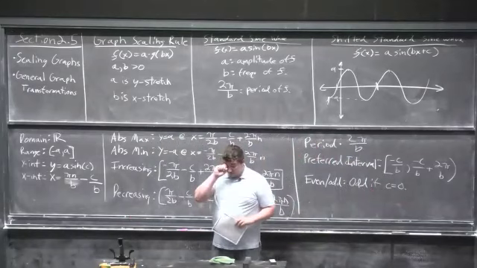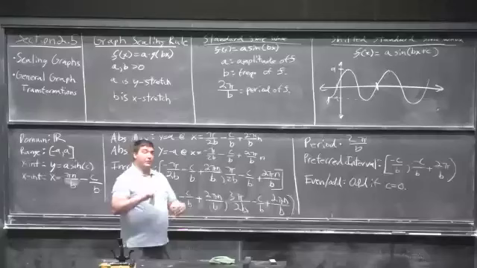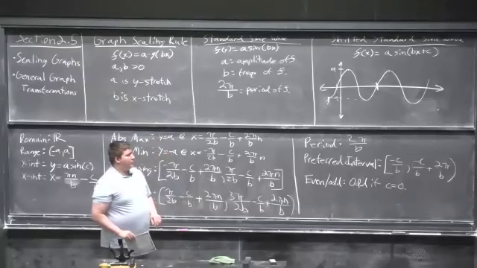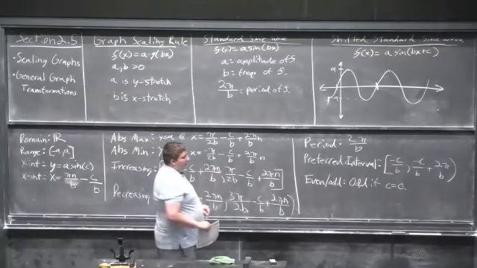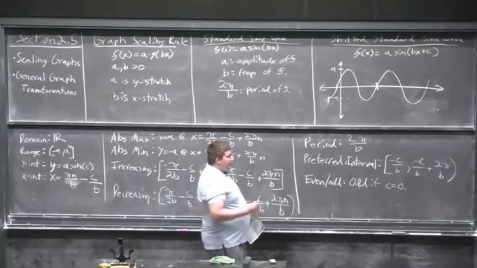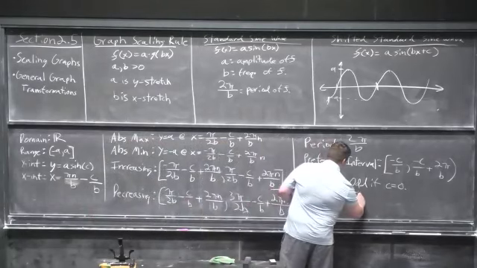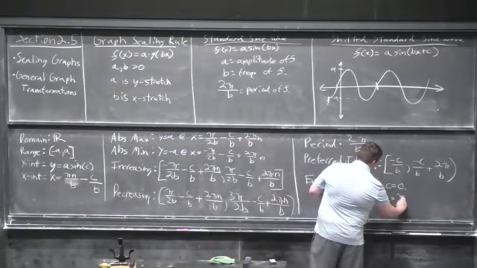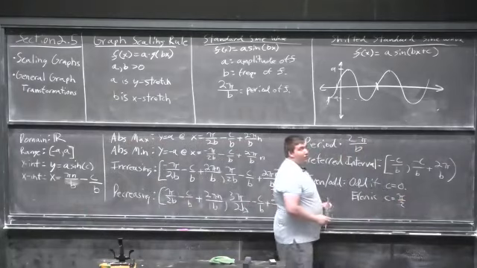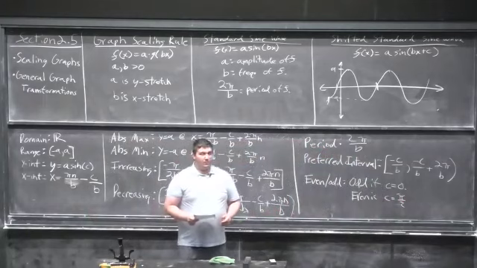Because sine was an odd function, and if it doesn't shift, then we can still rotate it 180 degrees from the origin. And so we have odd, but it would be even if c is equal to pi over 2 or some sort of phase shift of pi over 2.